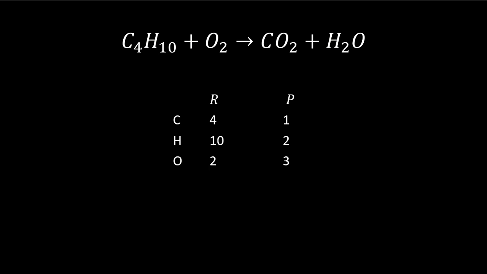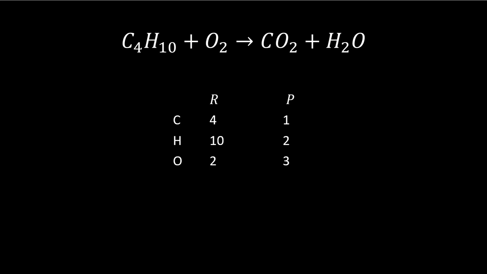So that gives us a clue that on the product side, we're going to need some even number so that we have an even number of carbon eventually. But more importantly, we are also going to need some even number in front of H2O, because if we have an odd coefficient, that will end up giving us an odd number of oxygen, which we won't be able to balance on the reactant side.